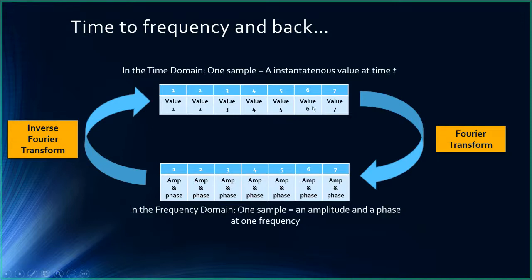If you use the Fourier transform, what you have at the output is the amplitude of a certain frequency and the phase of this frequency. So you have the same number of values, but the first is in the time domain and the other is in the frequency domain. And you can, of course, go back by using the inverse Fourier transform when you transform this amplitude and phase into time domain values. Sorry for this, but you will see that's useful.